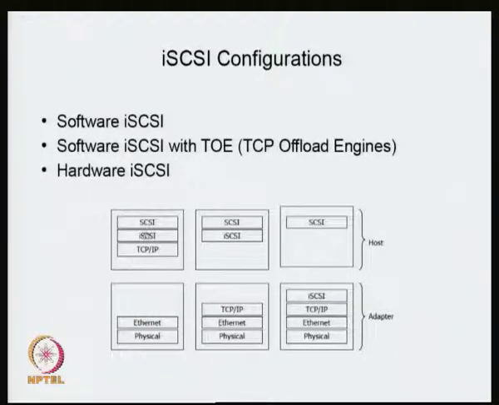Or you can attempt to move some parts of the functionality that is in software into hardware, precisely because the TCP/IP part of it is very expensive to be done in software. So that is the basic idea about what are called TCP offload engines. The TCP offload engines basically take care of the TCP processing in hardware, and then the software only has to handle the SCSI and iSCSI part. So these are one other type of adapters.